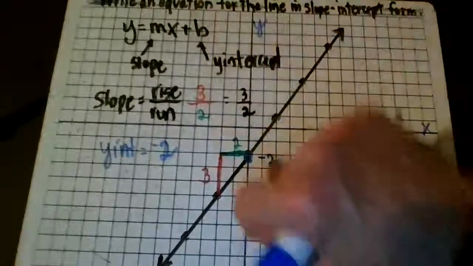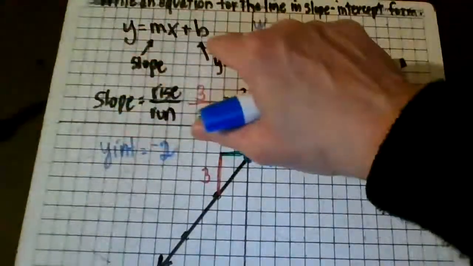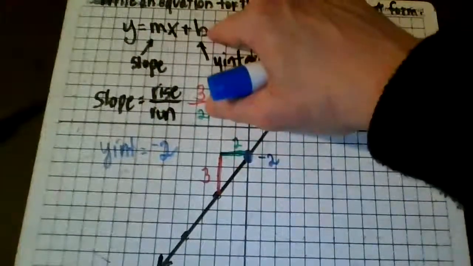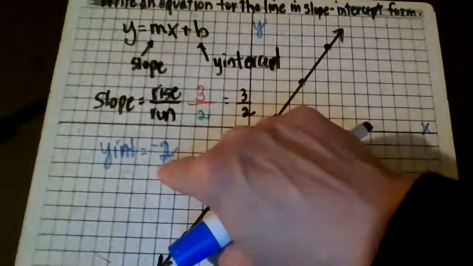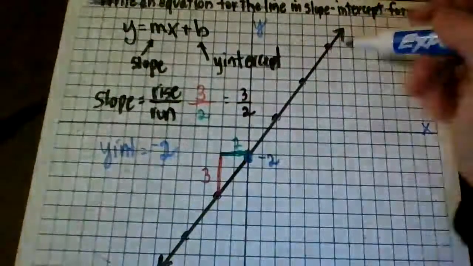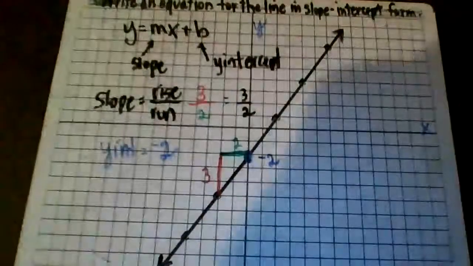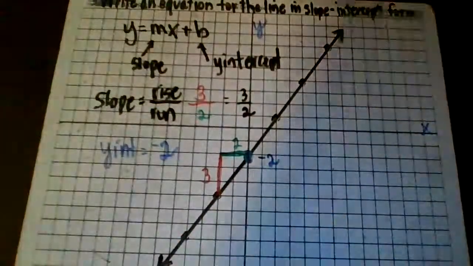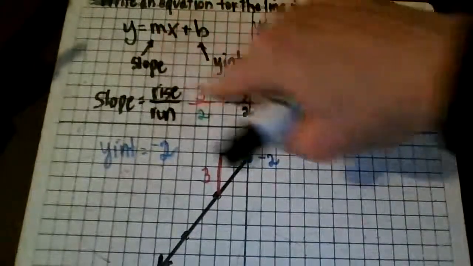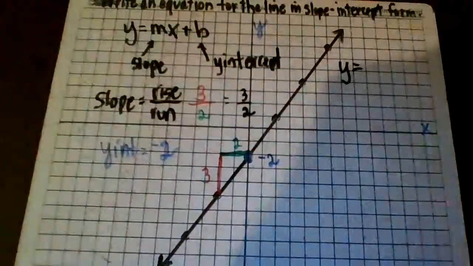Now, to write an equation, I write it in this form, but instead of saying m, I replace my slope. Instead of saying b, I replace with y-intercept. So my equation would be, I'm going to write it over here, I think I got more room. Y equals, replace the slope, the m, so that's 3 over 2.